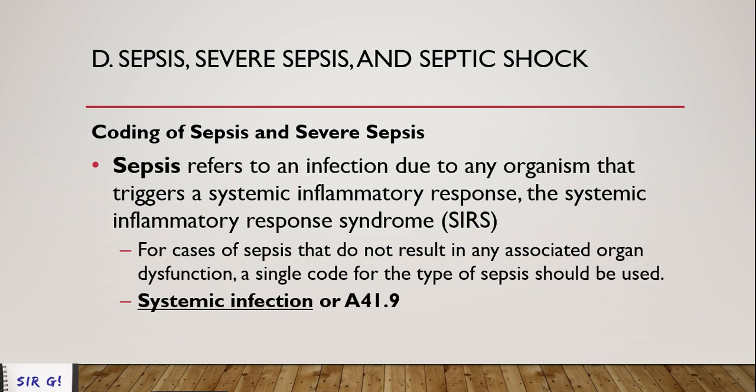As you can see in my slide, it says there, systemic infection or A41.9. Based on my experience in the exam and in my actual coding work, I rarely use the systemic infection code. Most of the time, I use the A41.9 because sometimes it takes time for the organism to be determined. Okay, that's the code for your sepsis.